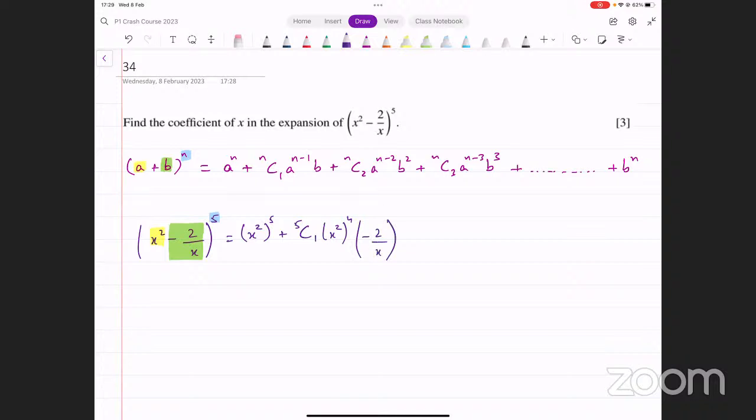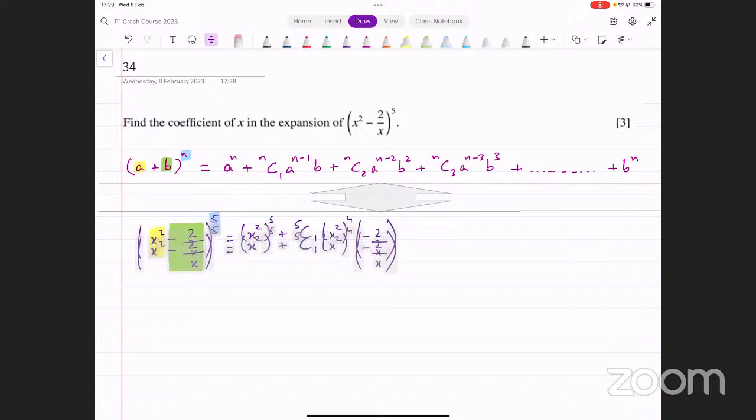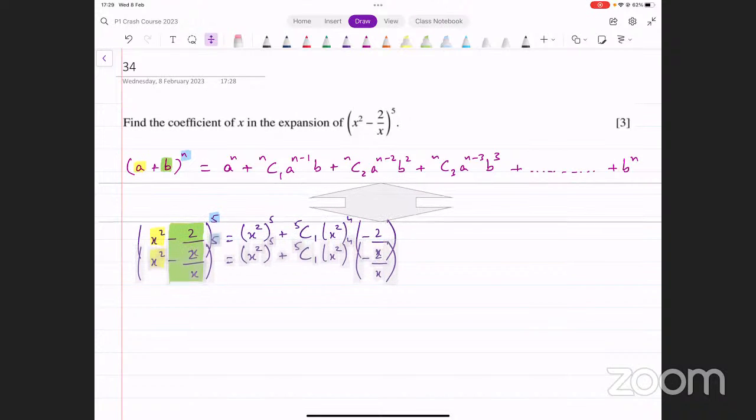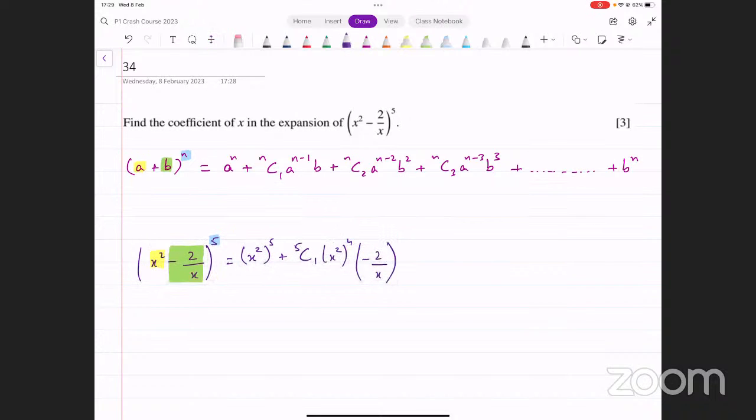And now you can just stop at this point and try to think about the pattern that you're getting. What's the first term? The first term is x power 10, right? (x squared) whole raised to power 5. 2 times 5 is 10. What about the second one? You've got x power 8 here. In the denominator, you've got x. So that's x power 8 minus 1, which is 7.